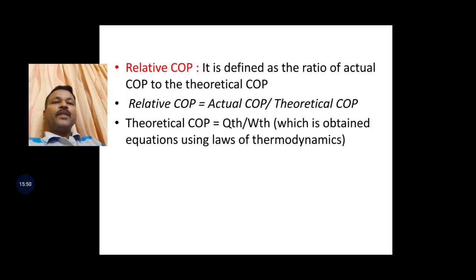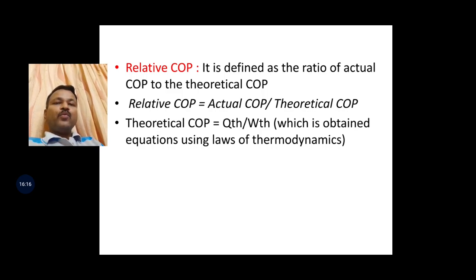Next, relative COP. It is defined as the ratio of actual COP to the theoretical COP. So, actual COP by theoretical COP is called relative COP. Actual COP means what we are getting from the refrigerator machine. Theoretical COP is equal to Q theoretical by W theoretical, which is obtained from the thermodynamic equations.